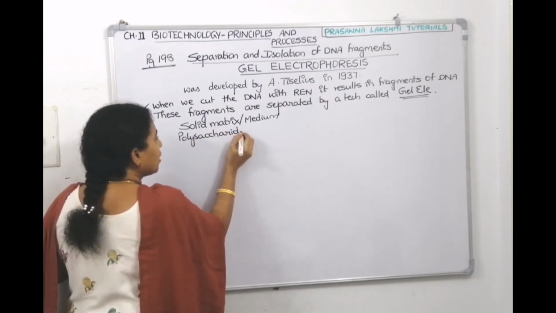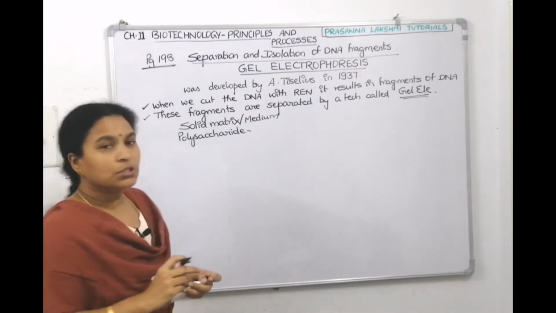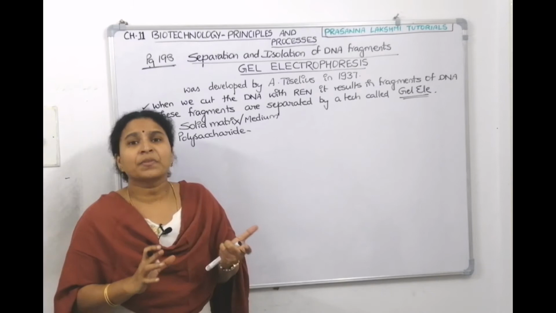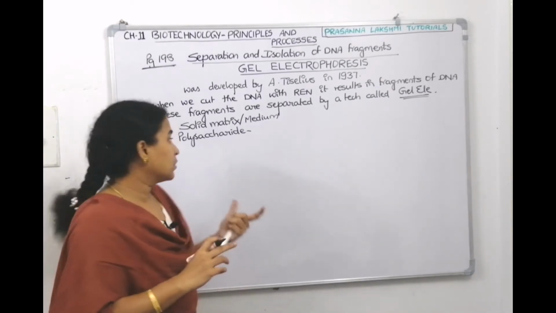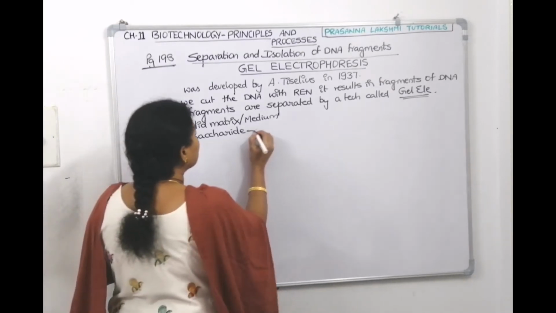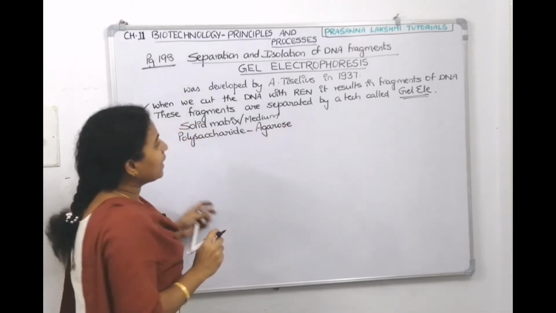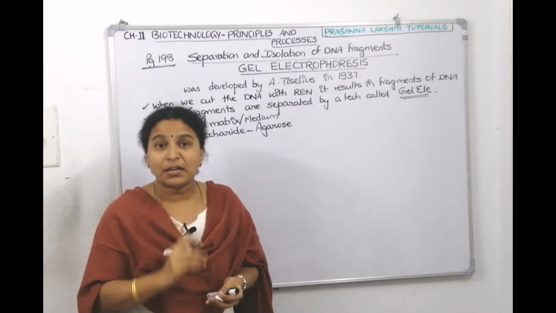We need to prepare a solid matrix, children. What is that polysaccharide? Gel means agarose gel electrophoresis. Which polysaccharide have we chosen? Agarose. We have chosen agarose as a polysaccharide to prepare a solid matrix.